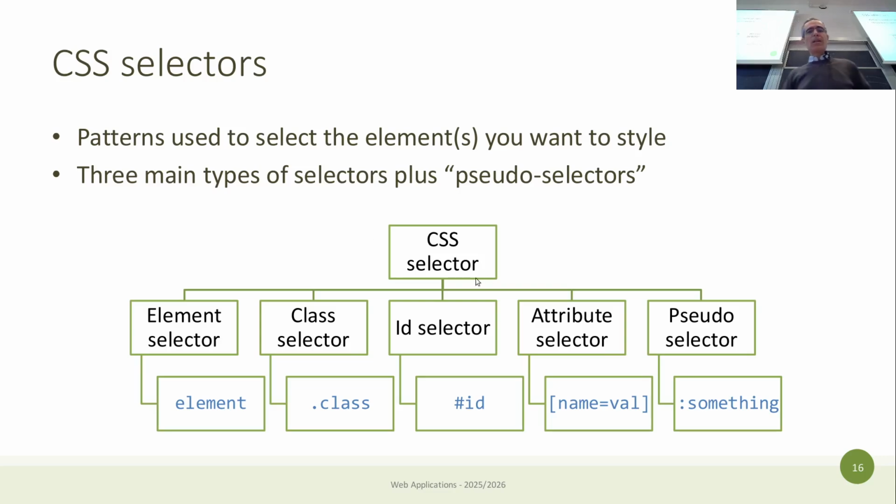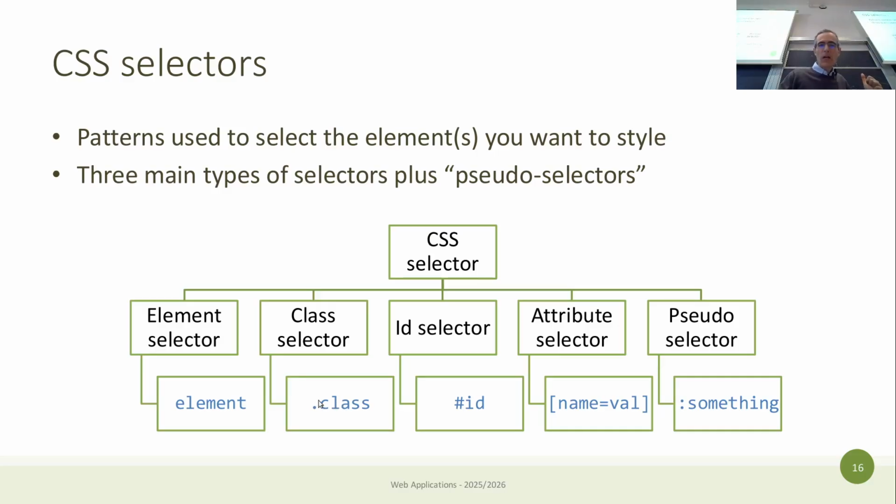Selectors. We saw the element selector, so the name of the tag. But there are many different ways of writing selectors in CSS. In particular, the first two are the most common ones. Class selector. You remember the class attribute that can be used on any HTML tag.